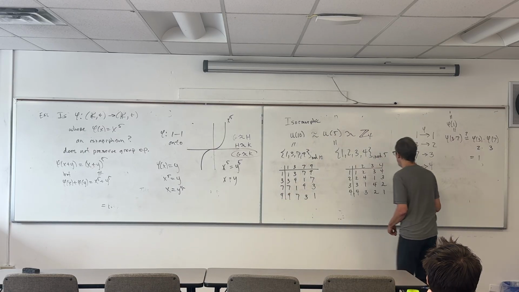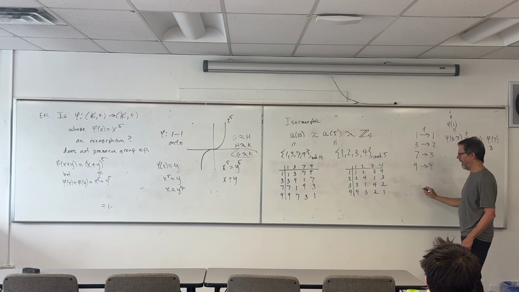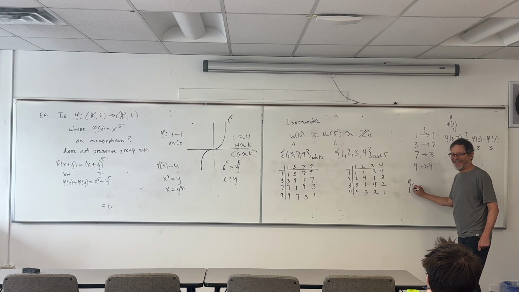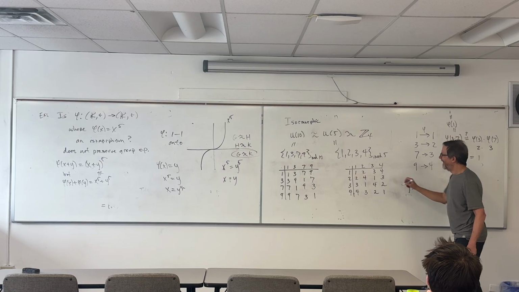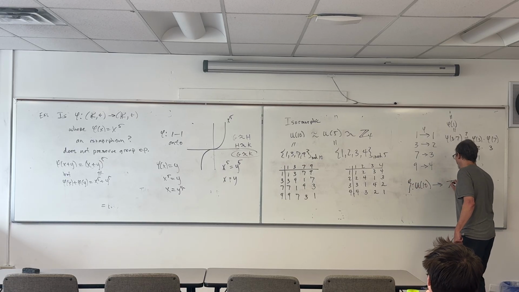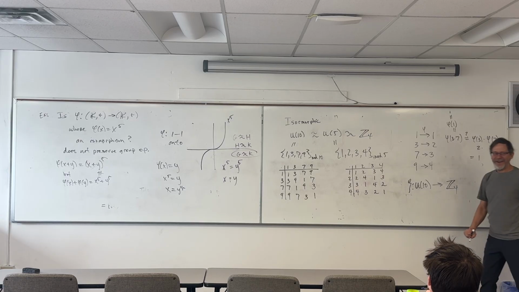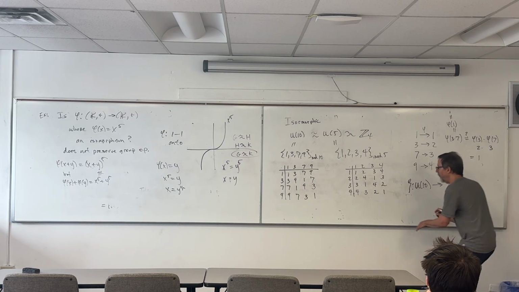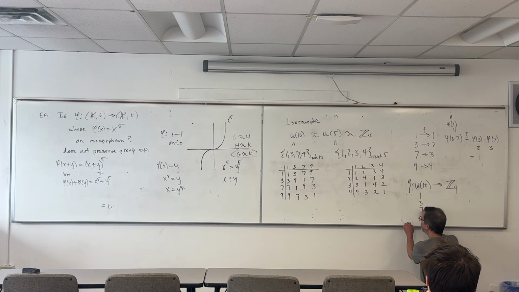What isomorphism are we gonna have? So let's do psi from U10 to Z4. How should we do that? 1, 3, 7, and 9.